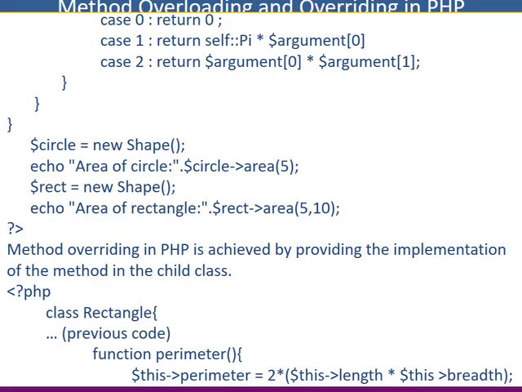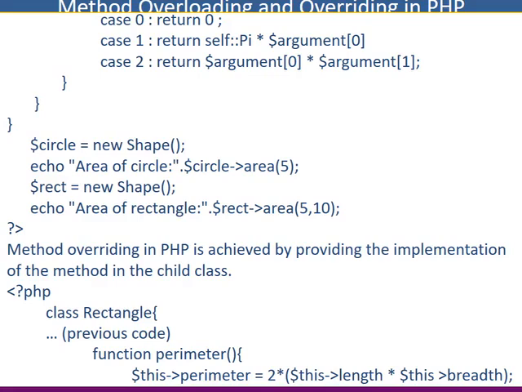If there are two arguments, it calculates, it returns $sign argument 0, the first argument, asterisk argument 1, which is the case 1. So if there are two arguments, calculate the rectangle area, which is length asterisk width. So that is how the code runs.